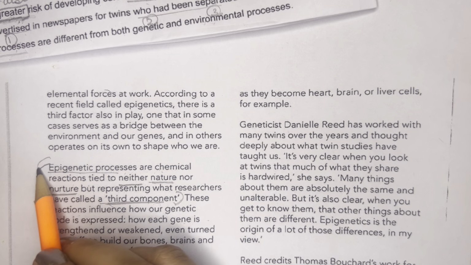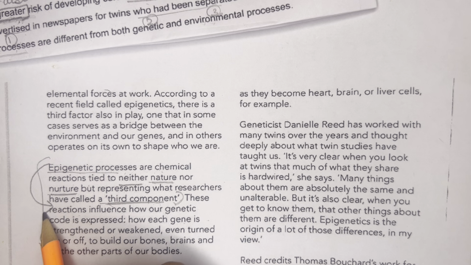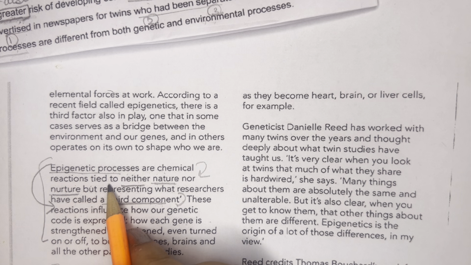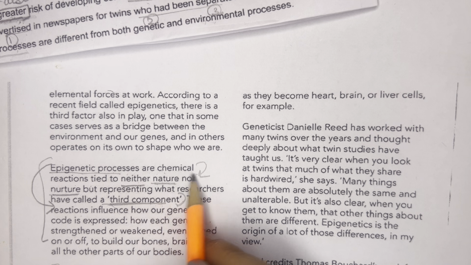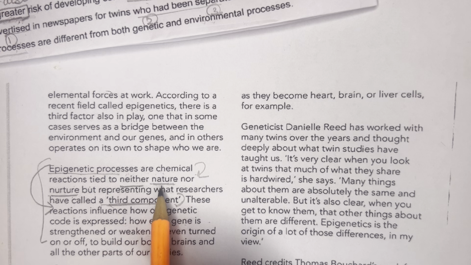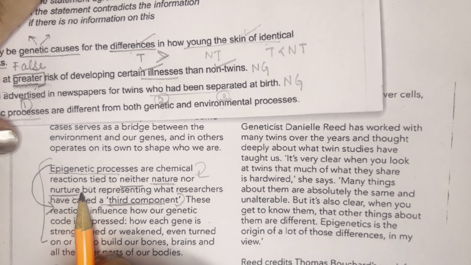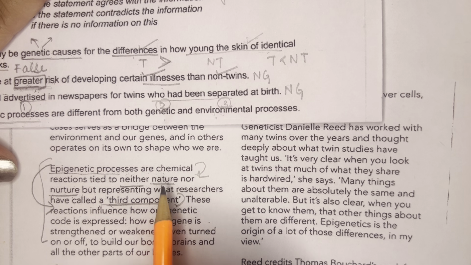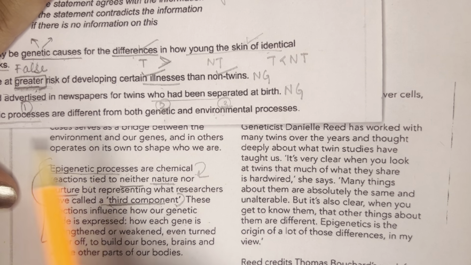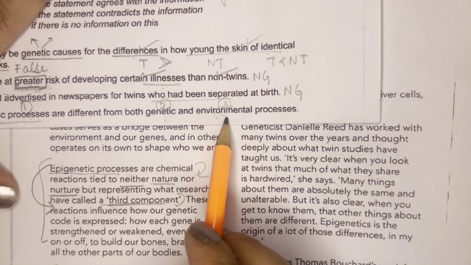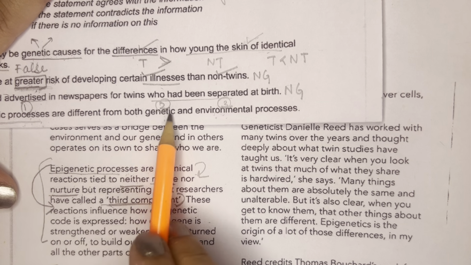So epigenetic processes are dependent on a third component, but these epigenetic processes are neither tied to nature nor nurture. That means they are saying that epigenetic processes are different from nature and nurture. So for nature and nurture, they have used the words environmental and genetics. So they say that epigenetic processes are neither depending on genetics nor depending on environment. That is why epigenetic processes are different from both.